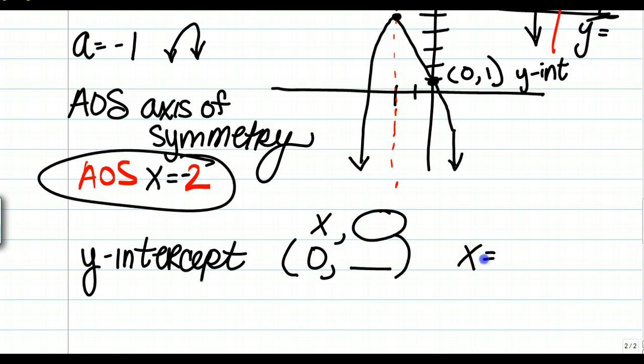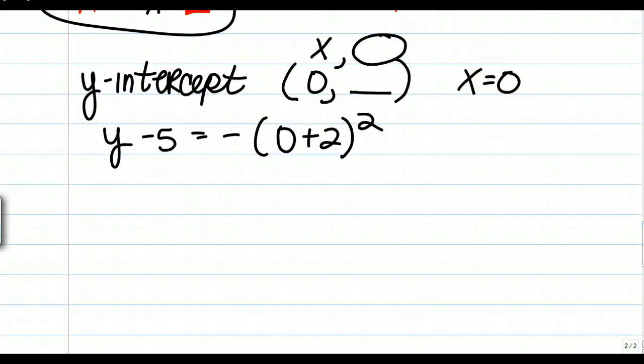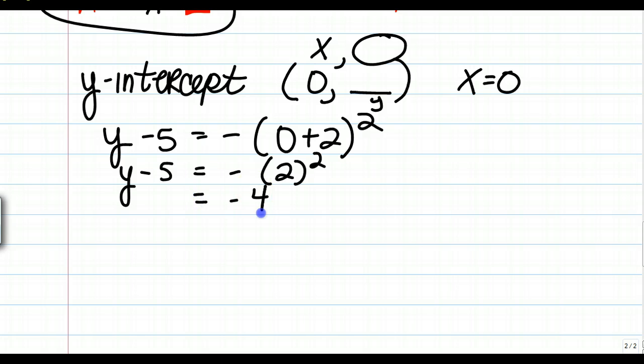So if x equals 0, I can plug that into my original equation. Here was my original equation. Instead of having x, I'm going to plug in 0, and I'm going to simplify and solve for y, because I want to know what y is when x is 0. So I would have y minus 5 equals negative, 2 squared, which is 4.